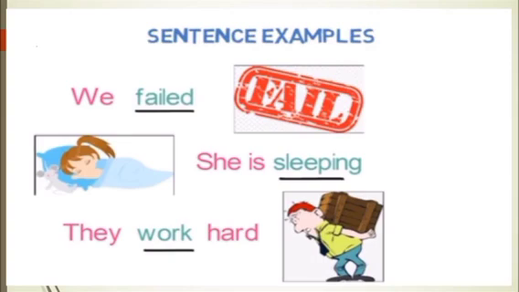Here, sleeping is an intransitive verb as there is no direct object linked with it. The next example sentence is, "They work hard." Here also, work is an intransitive verb as there is no direct object after the verb work.